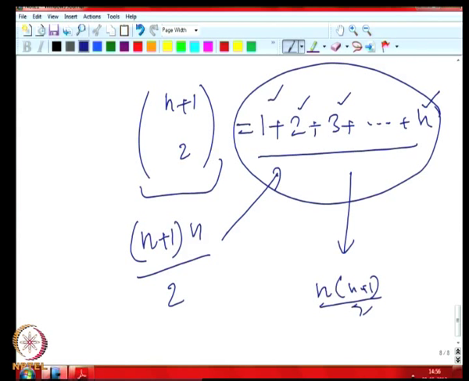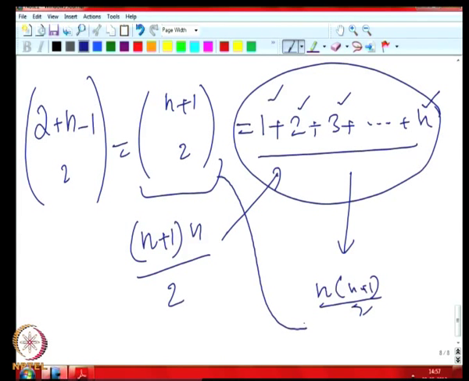But another way of counting it is to count all the pairs, the two element subsets from n with repetitions allowed. That is, we know that because there are n types of things and r equal to 2, that is 2 plus n minus 1 choose 2. So, this is exactly equal to n plus 1 choose 2. So, both have to be the same.